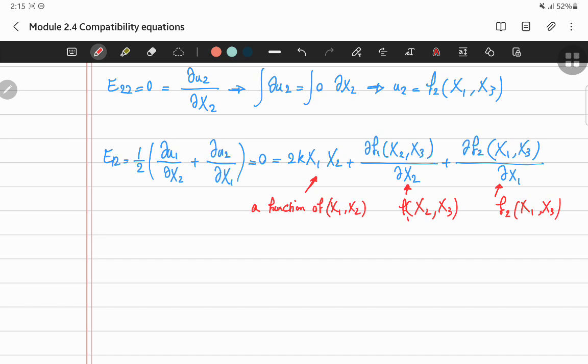Therefore, we can say that these strain fields are incompatible. Therefore, this is somehow impossible.